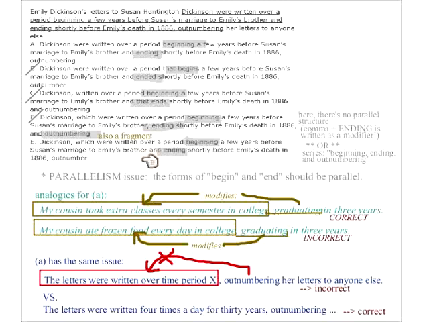Okay, good. Notice that which modifiers do not have to have any sort of relationship to the surrounding sentence. I mean, for the sake of not sounding weird, they should have some sort of relationship somewhere, but there's no required relationship. So you could say, my cousin, comma, who ate frozen food every day, comma, graduated in 3 years.